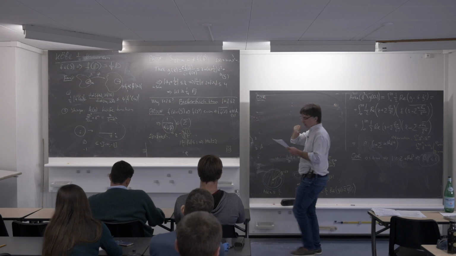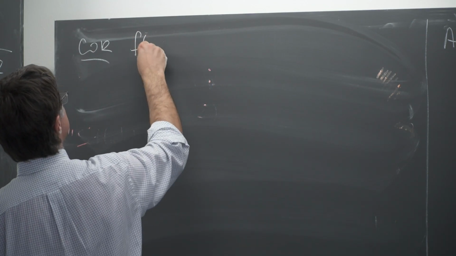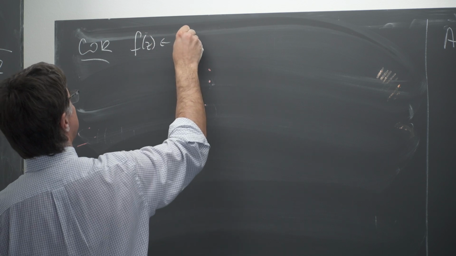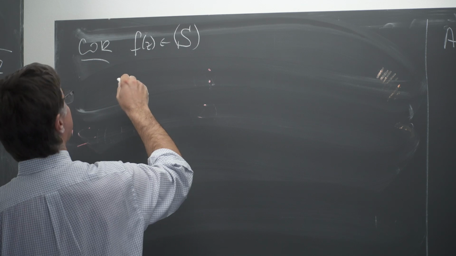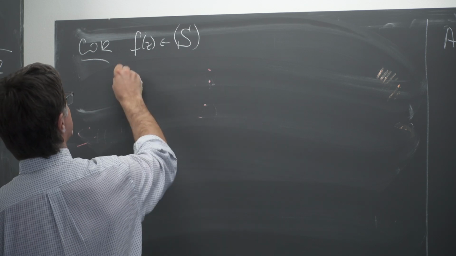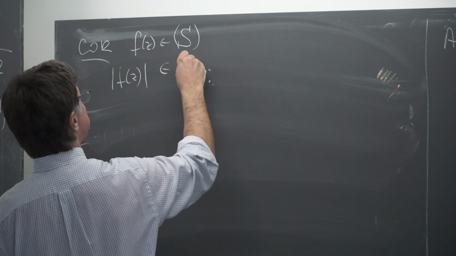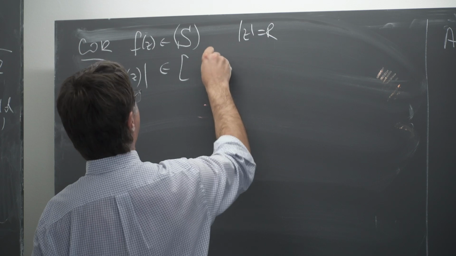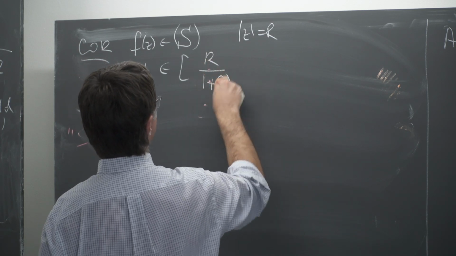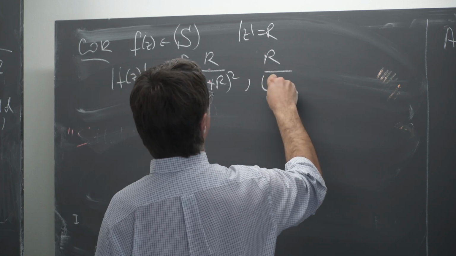There are a few corollaries done by various integrations. It basically says that if f of z is in the Schlicht class, in the unit disk, then the absolute value of f of z, with absolute value of z equal to r, belongs to the interval from r over 1 plus r squared to r over 1 minus r squared.